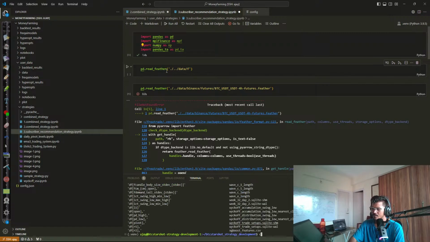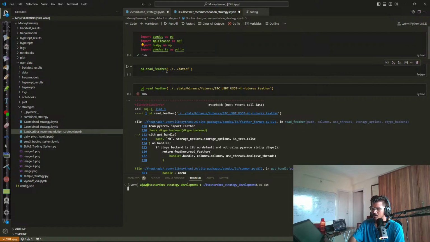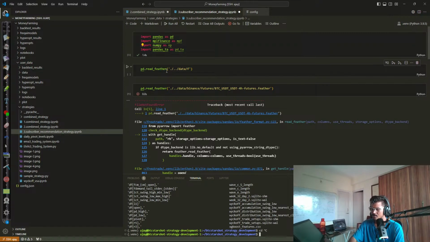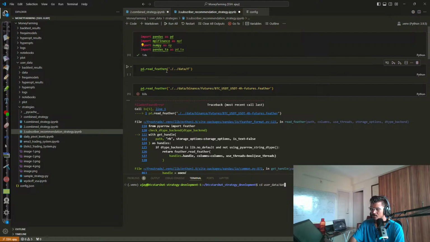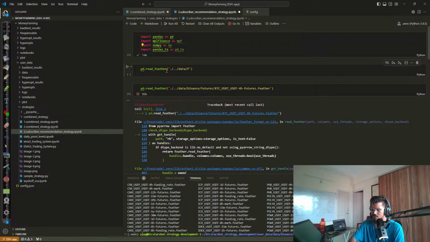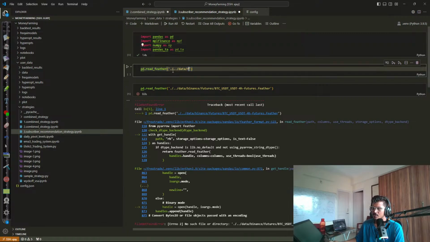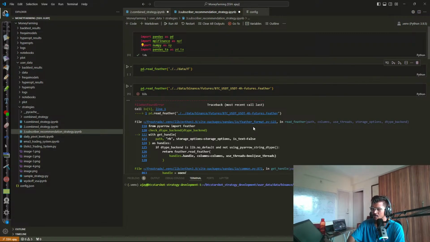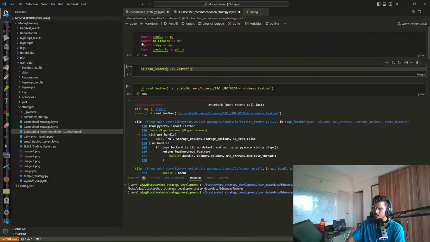Anyway, data, user data, Binance futures. Okay, anyway, I get the PWD and this is the path.